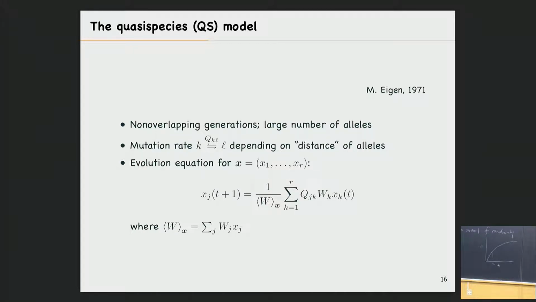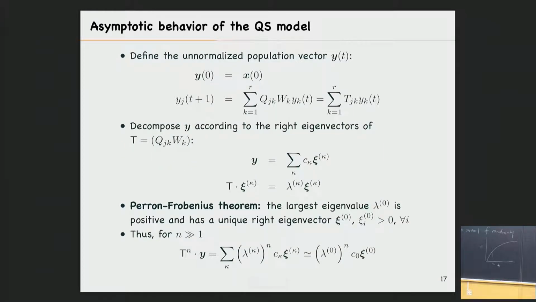Of course, that is a sort of strange assumption, because you need the number of individuals of any given sequence that you are interested in to be large enough that you are able to neglect fluctuations. But it was discussed a long time ago, so let's see what this equation tells us.